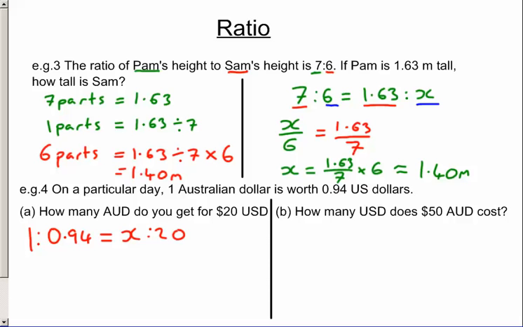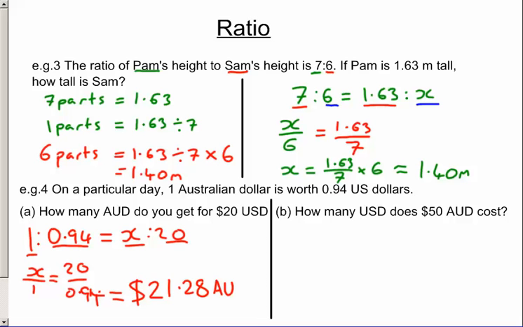So we do x over 1 equals 20 over 0.94. And that gives us an answer of just 20 divided by 0.94, which is 21.28 Australian dollars.